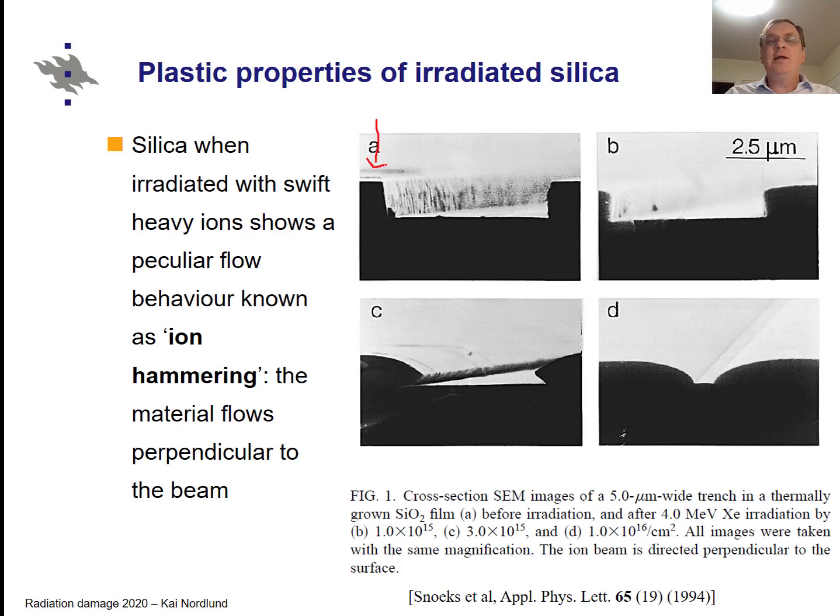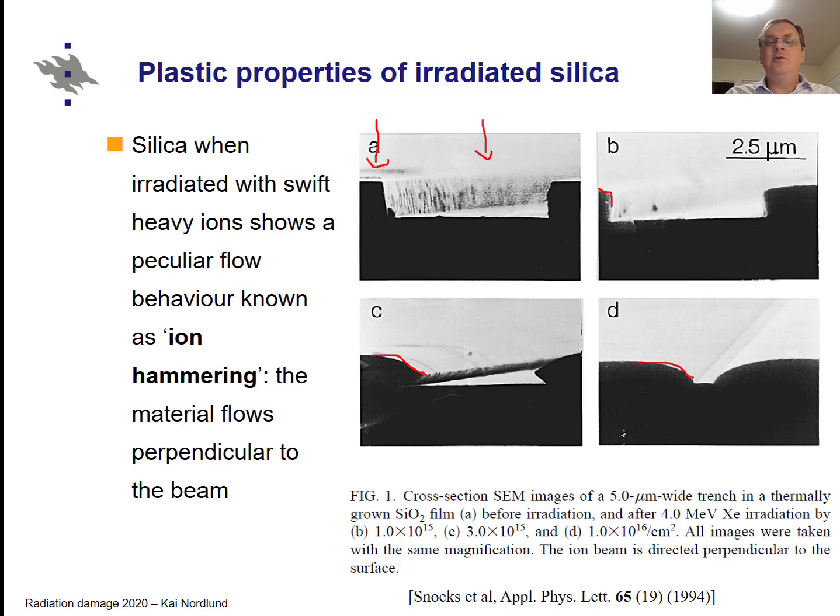This was done on a structure where intentionally with lithography you had a trench of silica between two silica blocks. What you see is quite interesting: when you keep irradiating, this initially sharp feature starts elongating and actually eventually broadens a lot, while it sometimes becomes less thick.